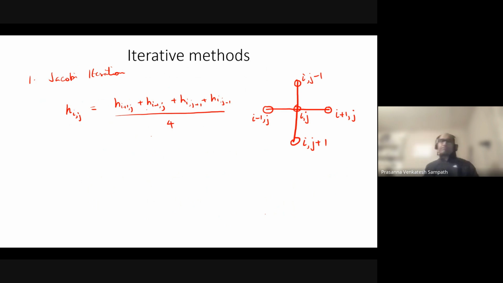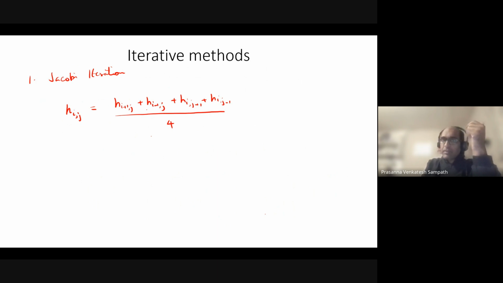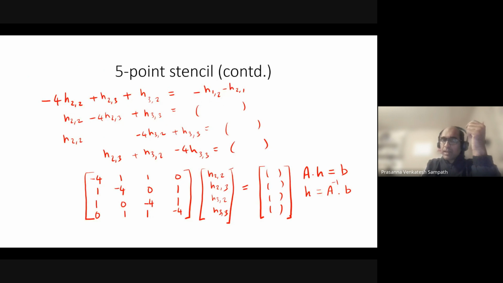Now, inverting a matrix is not necessarily such a simple task. The larger the matrix, the more difficult it is to invert. In the previous slide, we just said H is A inverse B. If it's a 4 by 4 matrix, inverting the matrix is pretty fast, pretty quick.